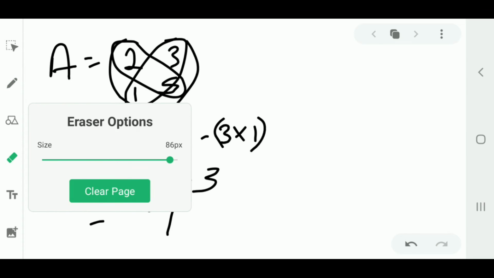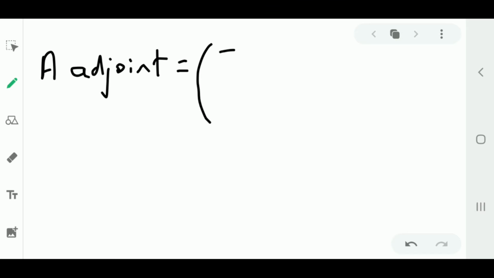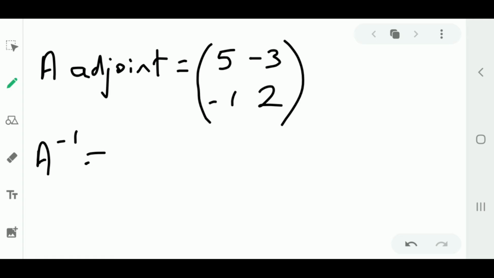What we need to do now is find the adjoint. So the adjoint of A is equal to, we flip the leading diagonal and we change the signs for the other. So all we need to do now is say A inverse is equal to 1 over the determinant times A's adjoint.